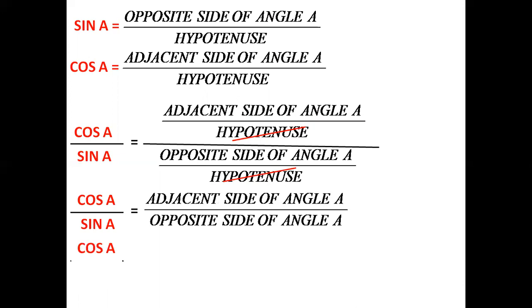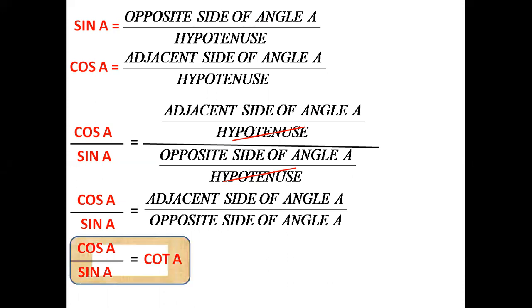So cos A by sin A is equal to adjacent side of angle A and opposite side of angle A. Its ratio is equal to cot A. So cot A is equal to cos A by sin A. So this one you have to remember as a formula.